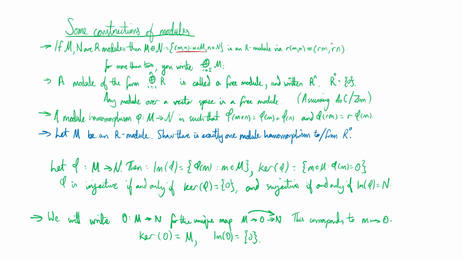It's not dimension because dimension is reserved for field modules or vector spaces. But every module over a field is a free module, depending upon your set theory. But within most set theories, the axiom of choice is assumed.